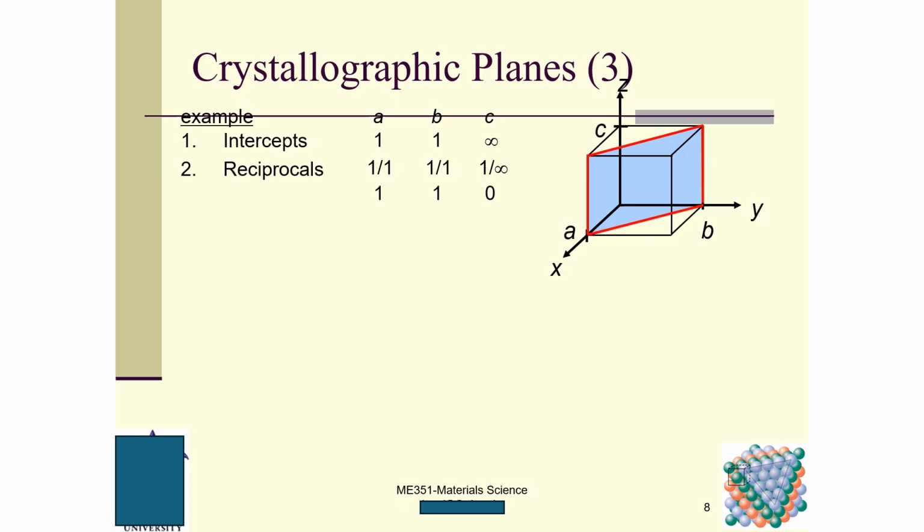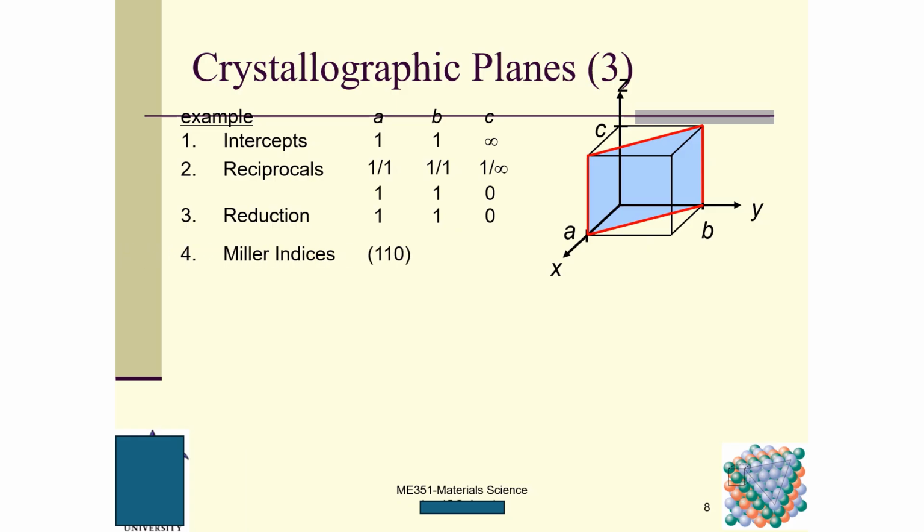And then the second step is to take the reciprocals of these three intercepts. The reciprocal of 1 is 1 itself, 1 is 1 itself, and 1 over infinity equals 0. Do you guys agree? Okay. And the third step, reduction. 110 is 110, and after reduction it is still 110.